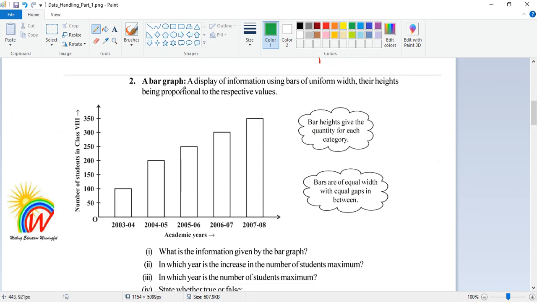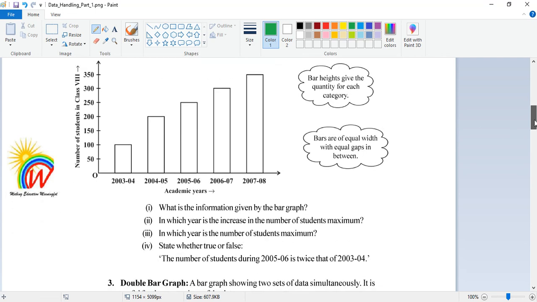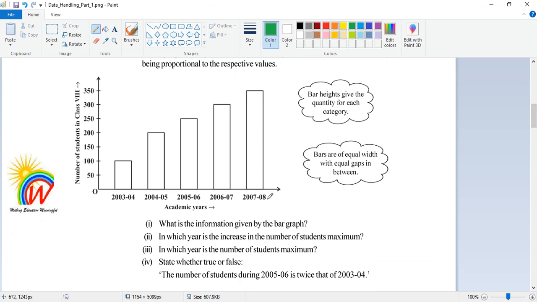Everybody is familiar with the bar graph. It is a display of information using bars of uniform width, their heights being proportional to the respective values. You have to take the x-axis and y-axis as per the question. See how to read this. It says 2003 to 2004.